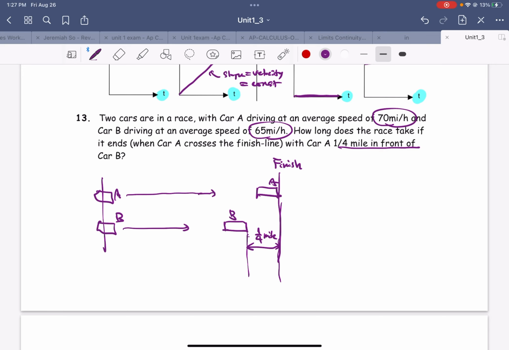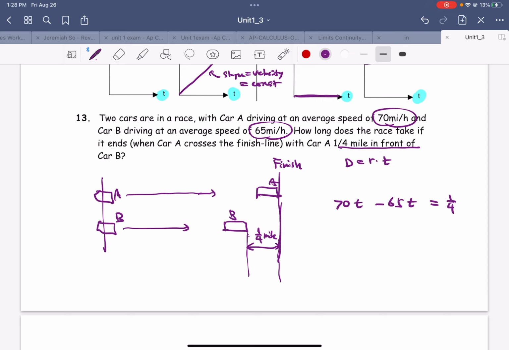So the total distance traveled by car A is 70t. Distance is rate times time, so 70t, and at that moment, car B has traveled 65t. Their difference is 1/4. Makes sense.